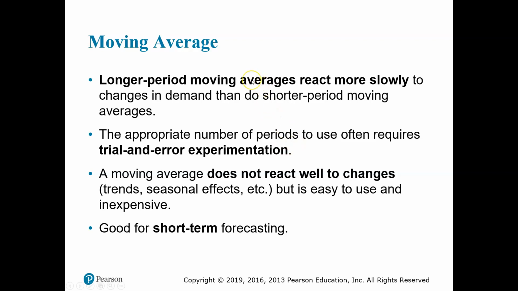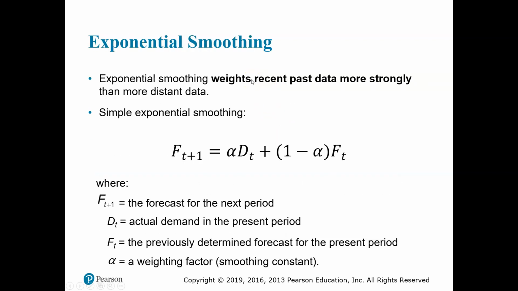So the other type of forecasting that we do is called exponential smoothing. Basically, in this method, it assigns a value alpha to the most current data. So it's going to be weighted more in the more current time period, and then less of a weight in the older values.